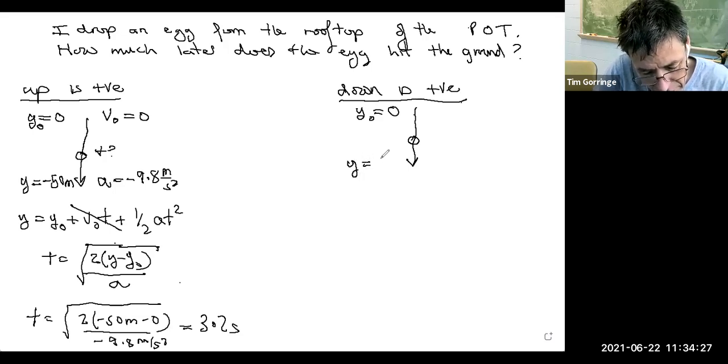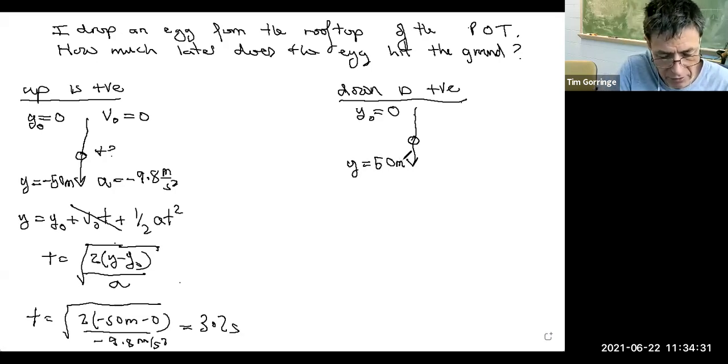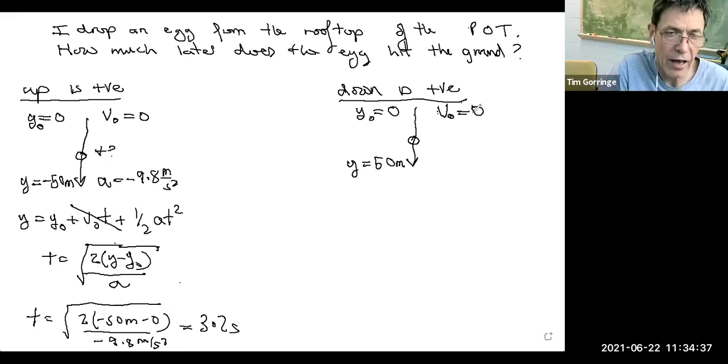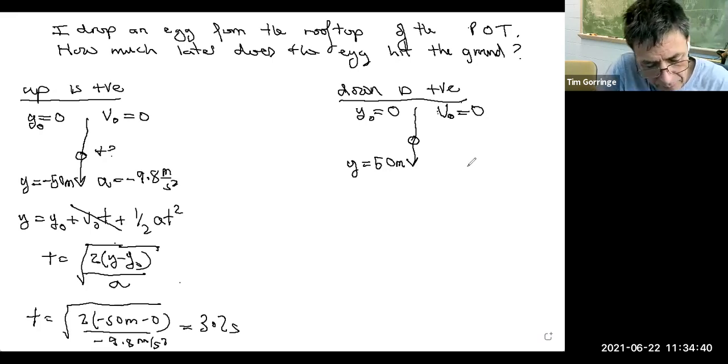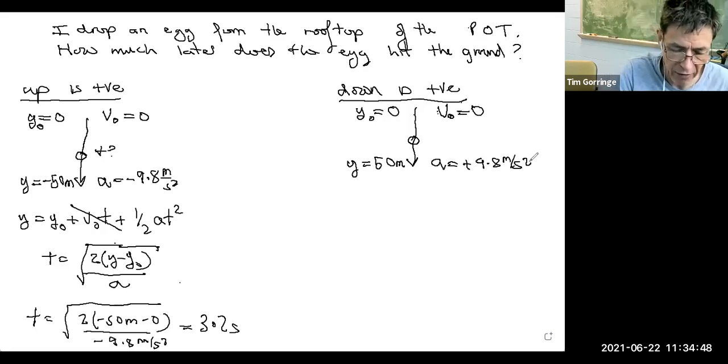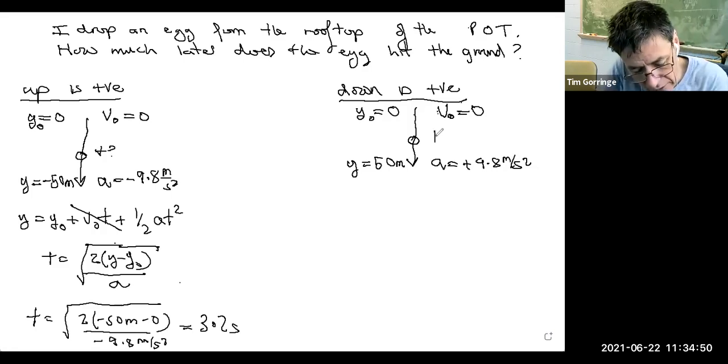The final location, the ground, is now positive 50 meters because downwards is positive. I would fill in the initial velocity being 0. The egg was released from rest. The acceleration of the egg is now also positive, because downwards is positive and the acceleration of gravity is positive. And then I would go on and calculate the time.